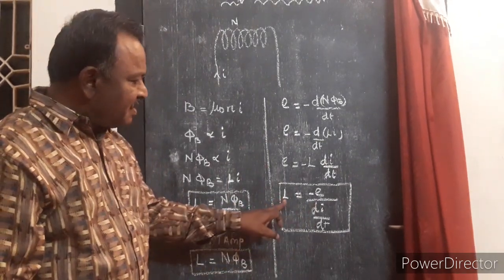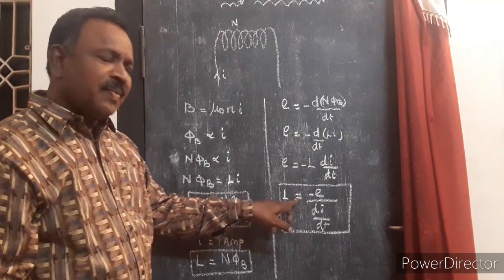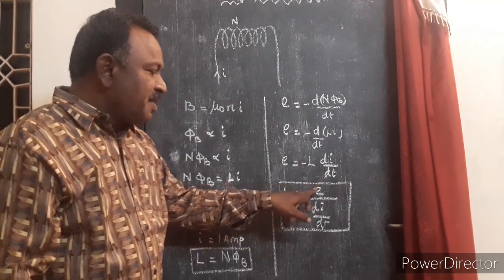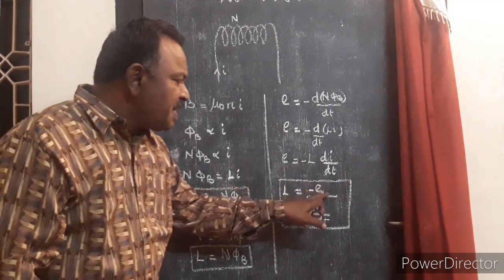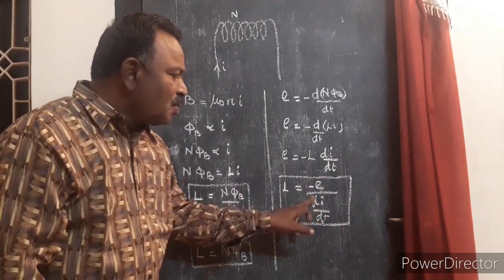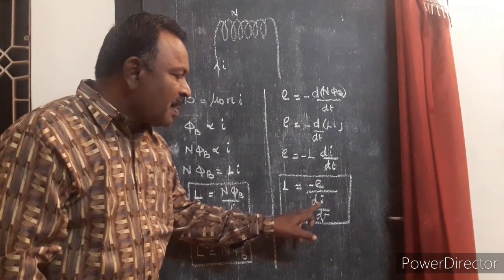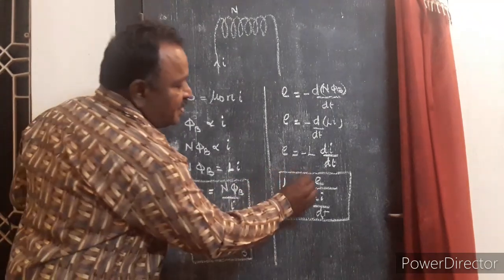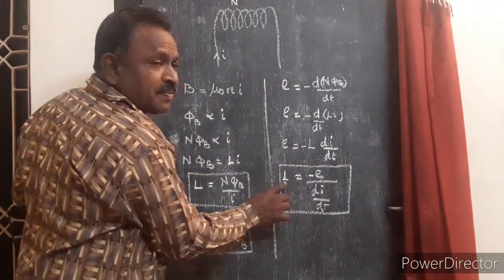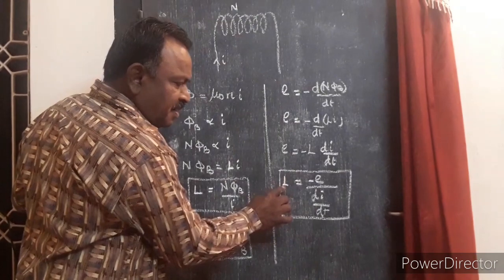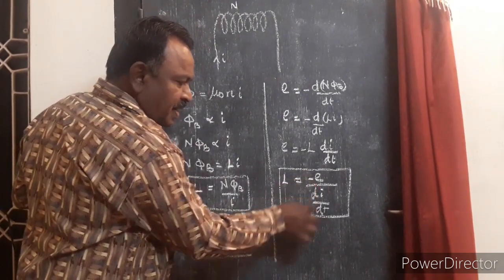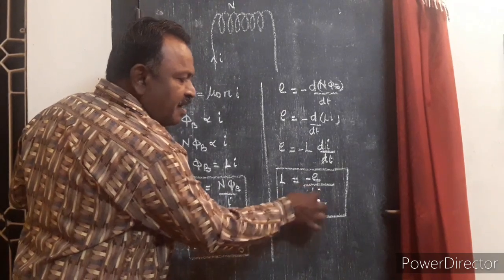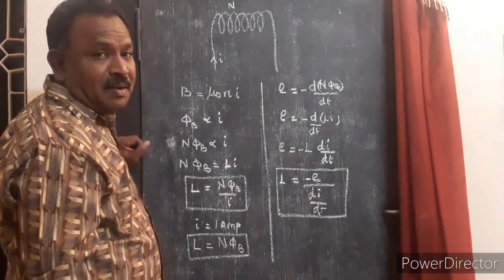The self-inductance of a coil is equal to the ratio of the opposing EMF induced in the coil to the rate of change of current through the coil. So this is the rate of change of current, this is the opposing EMF, and this is the self-inductance.